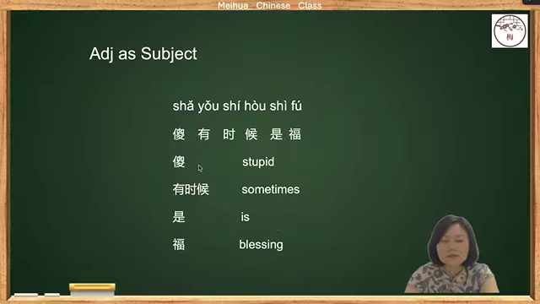So if we look at the word class of the word 傻, it is an adjective. But when we want to use it as the subject in a sentence, we don't change the form.